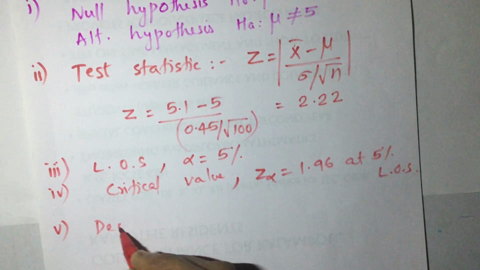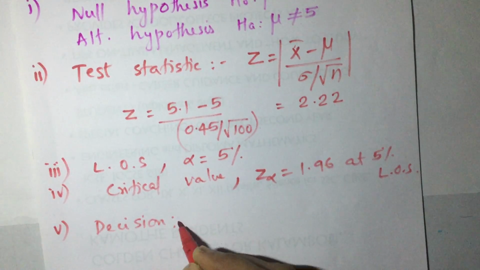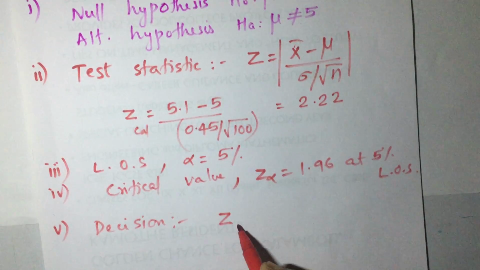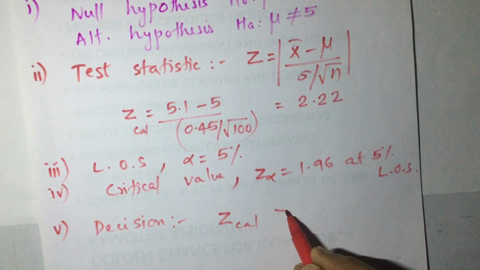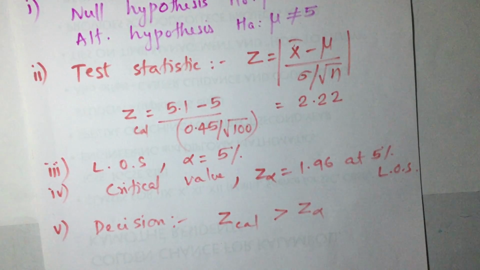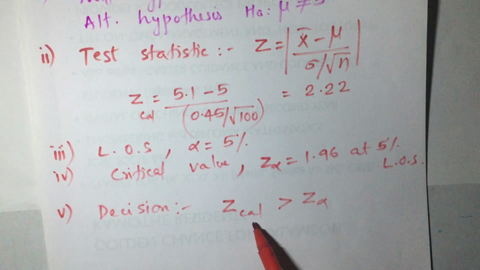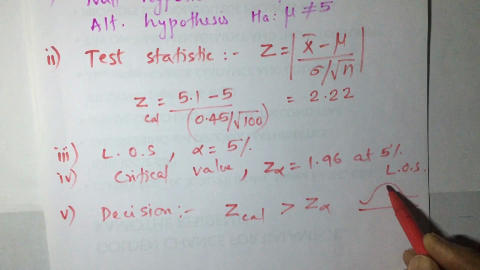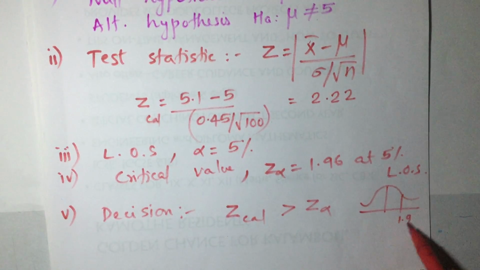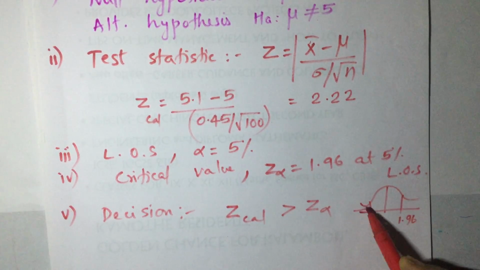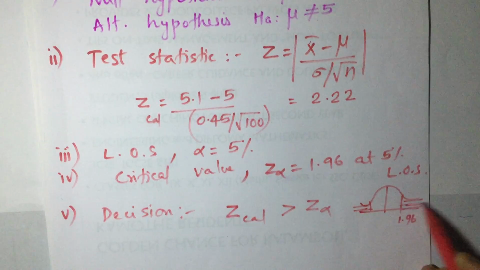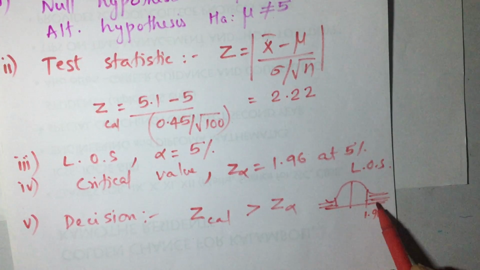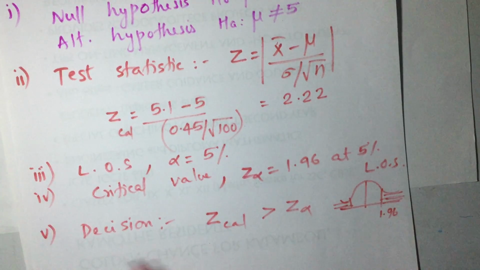Now fifth, what will be the decision? Here the Z calculated value is greater than the Z table value. The calculated value is 2.22, which is greater than 1.96. If you draw this, 1.96 is here and these two are the rejection regions. 2.22 comes after 1.96, so that is in the rejection region, so obviously we reject the null hypothesis.